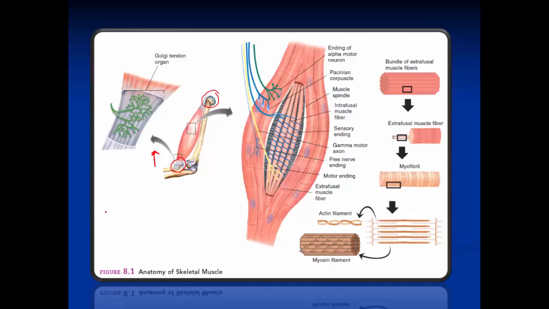So there are 2 ends to a muscle. One end is called the insertion, the other is called the origin. When the muscle contracts, it's the insertion that moves. So up here in this case, we have the origin. Down here, we have the insertion.